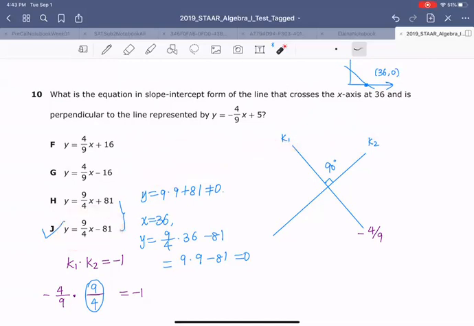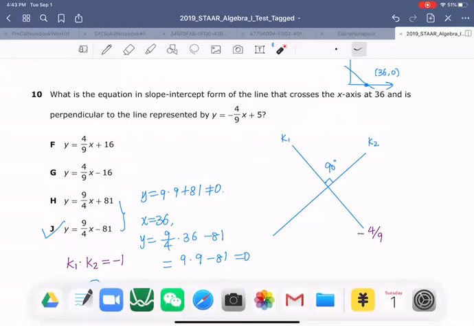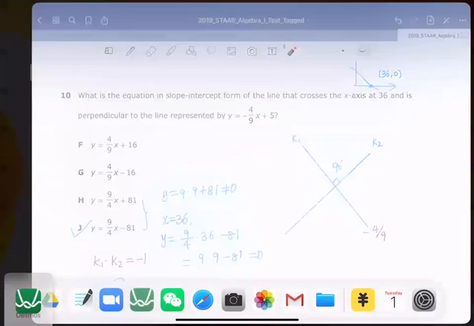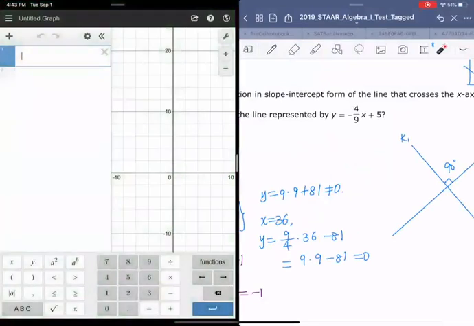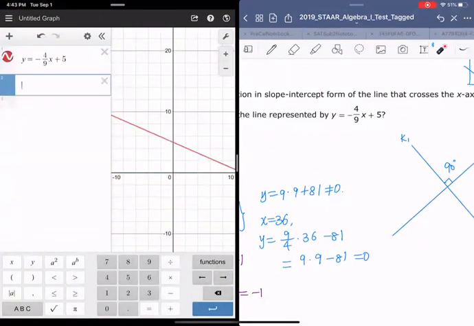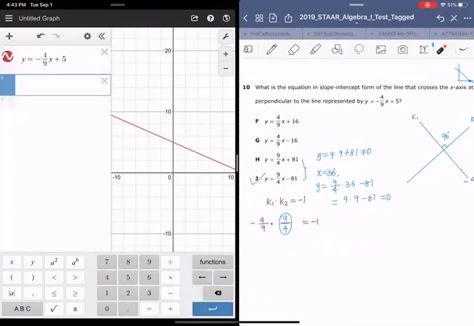So the physical meaning of this is this. You have two lines. The first line is given by y equals negative 4/9 times x plus 5. And look, we already locked the slope to be 9/4.